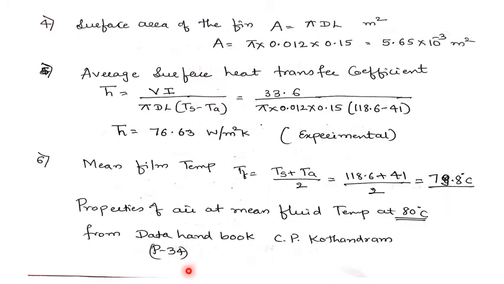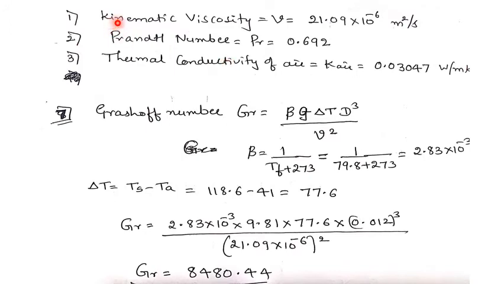You can refer to page number 34. So these are the values, that is, properties of the gases at 1 atmospheric pressure. We have noted down these values at temperature T equal to 80 degrees centigrade. That is kinematic viscosity, Prandtl number and thermal conductivity of the air. These values we have noted down from the data handbook.